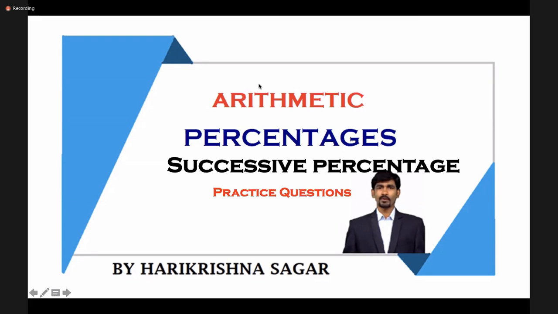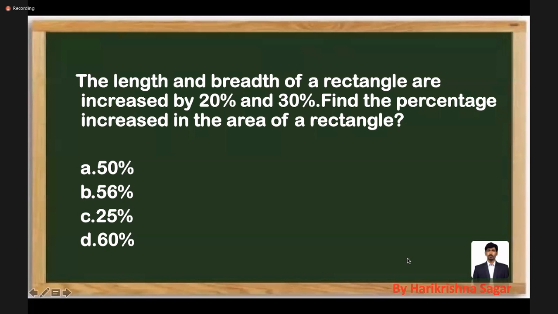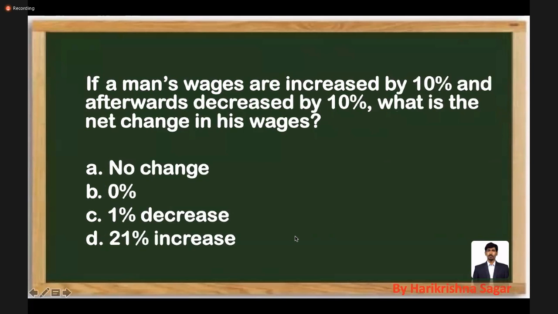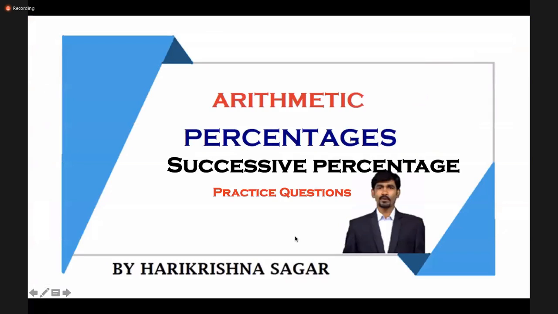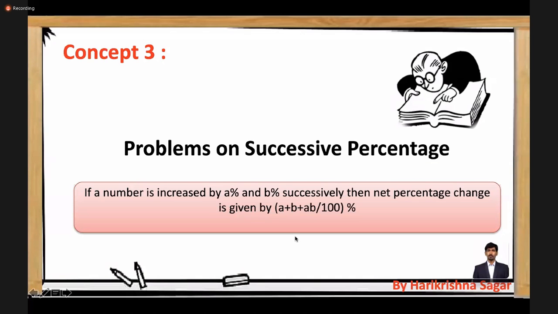So let me show you. This is a basic concept which you have to remember. Successive percentage is a very important concept. You are going to have questions related to successive percentage for sure from the percentages concept.